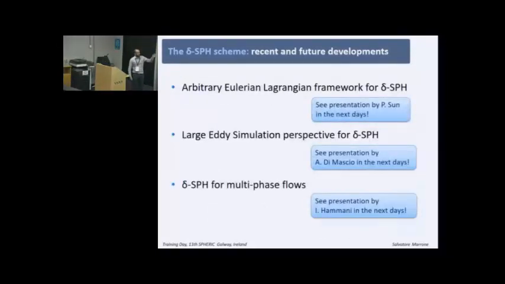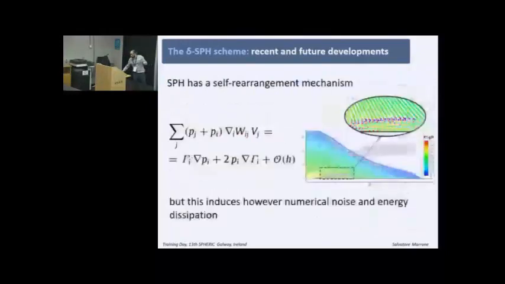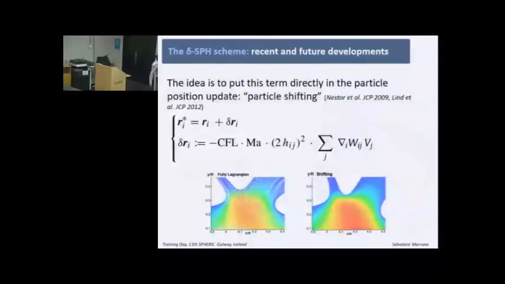Some perspectives that will be presented in the next days, just to give you a picture of the different branches and directions that we are following. First, we are trying to plug this shifting technique in a more consistent way, in an arbitrary Eulerian Lagrangian framework. It means that this deviation is purely numerical.